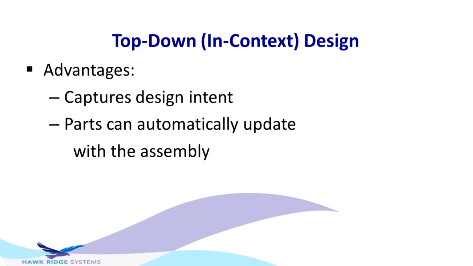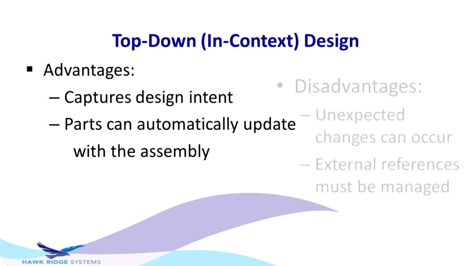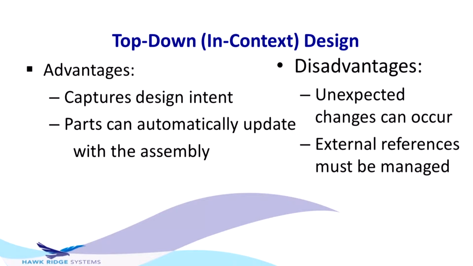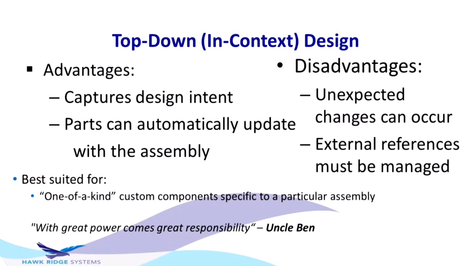So for instance, you have a one-of-a-kind component that is specific to this assembly, and you want to resize it based off of how other components are changing and moving. The disadvantage is that unexpected changes can occur, because of those external references. So where you would want to use this is for one-of-a-kind custom components specific to a particular assembly.